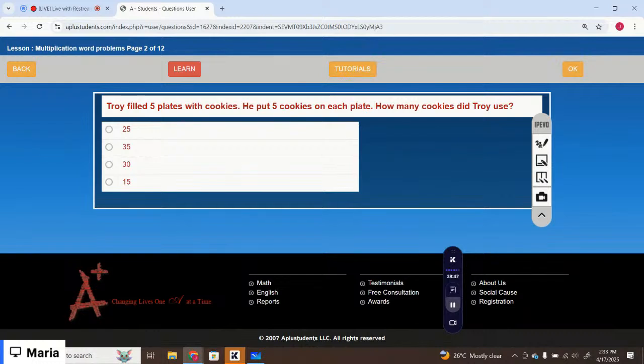Troy filled 5 plates with cookies. He put 5 cookies on each plate. How many cookies did Troy use? So which is the correct option?